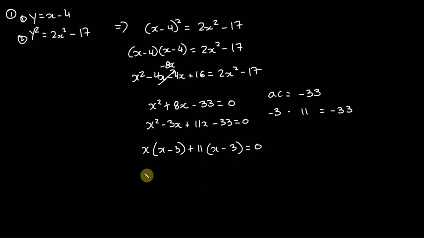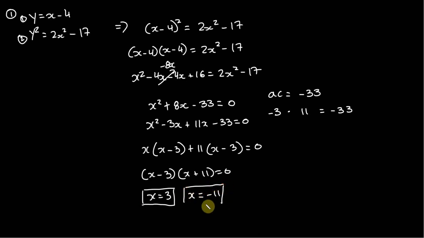Therefore we have x minus 3 times x plus 11, and therefore x is going to equal 3 or x is going to equal negative 11. We're almost done. We just now need to substitute these values of x back into equation 1 to find the corresponding y values, and we will have the coordinates for the two points of intersection where the line meets the curve.